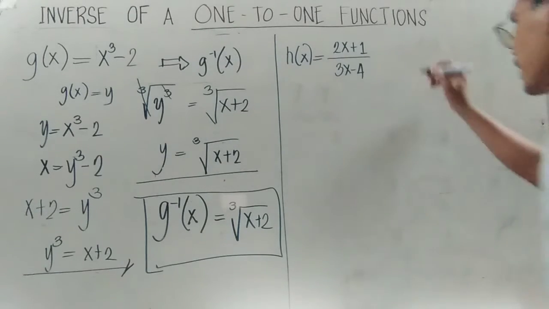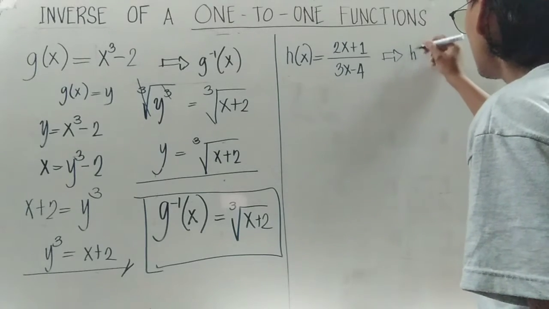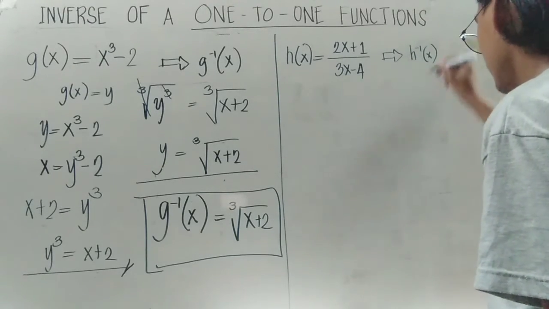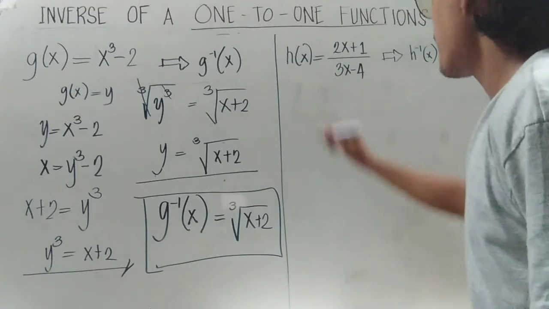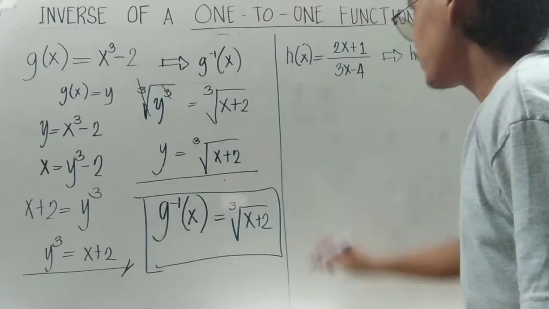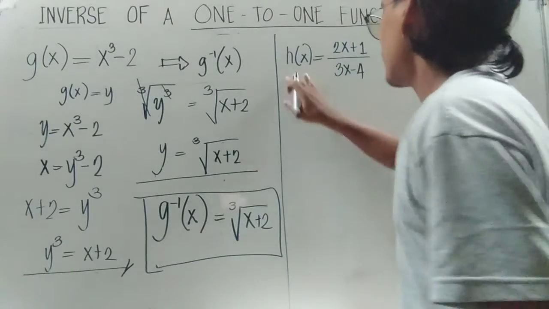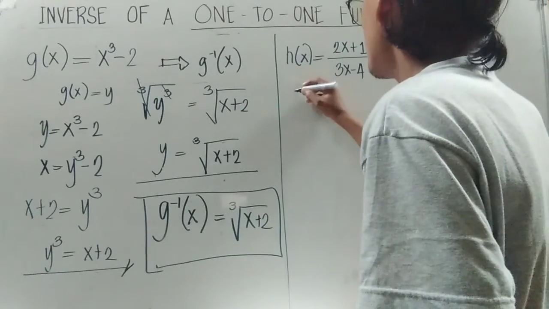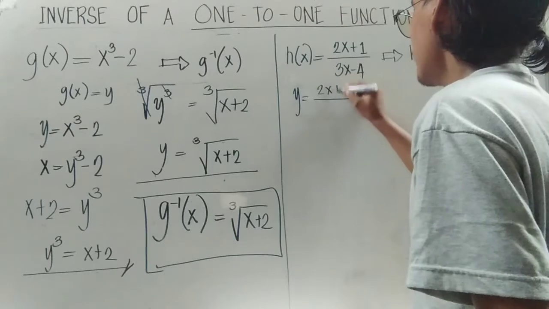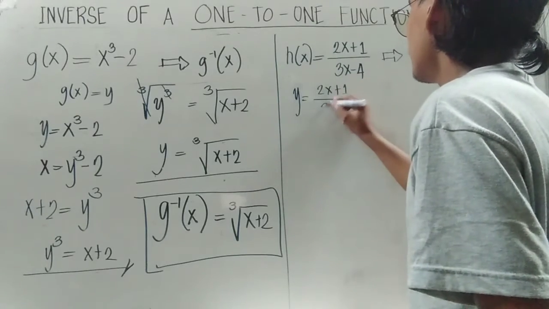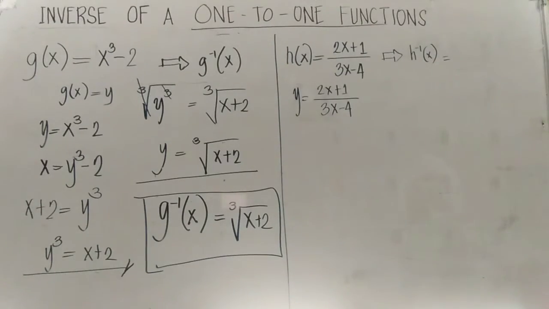So you have a rational function, and we have to find the inverse of h of x. The inverse of h of x is denoted by this one. So let us solve it with a faster approach. So h of x will become y equals 2x plus 1 over 3x minus 4. Okay?